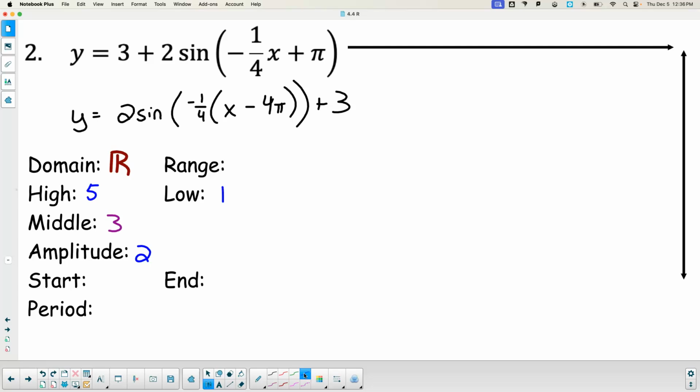I go down all the way to 1. So my range is 1 to 5. Start value. 3 minus 2 is 1 for my low. 3 plus 2 is 5 for my high. 4 pi?